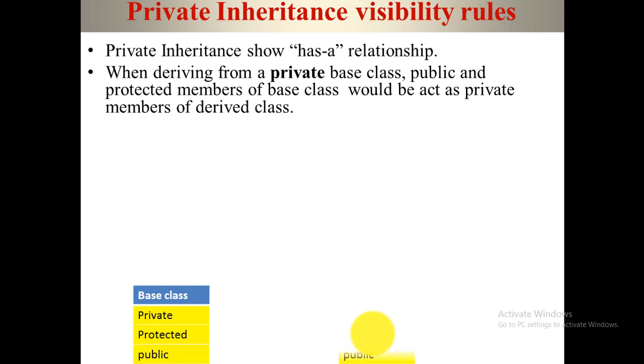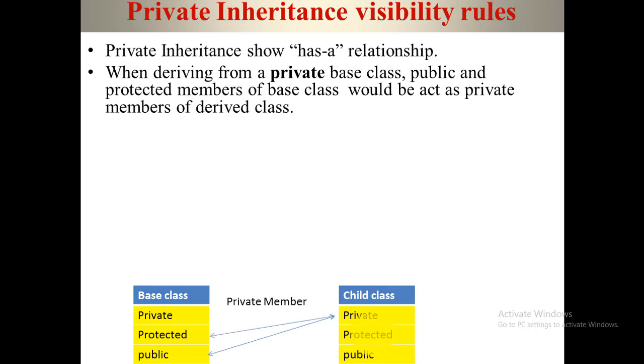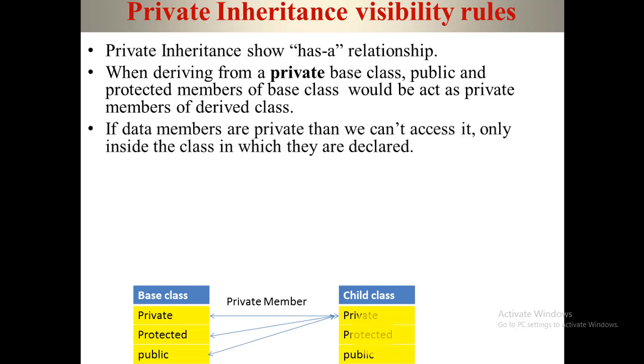So here is the base class and the child class, and the public section will act as private, the protected section will act as private, while the private section is already private. If data members are private, then we can't access them outside; only inside the class in which they are declared can we access the private members.